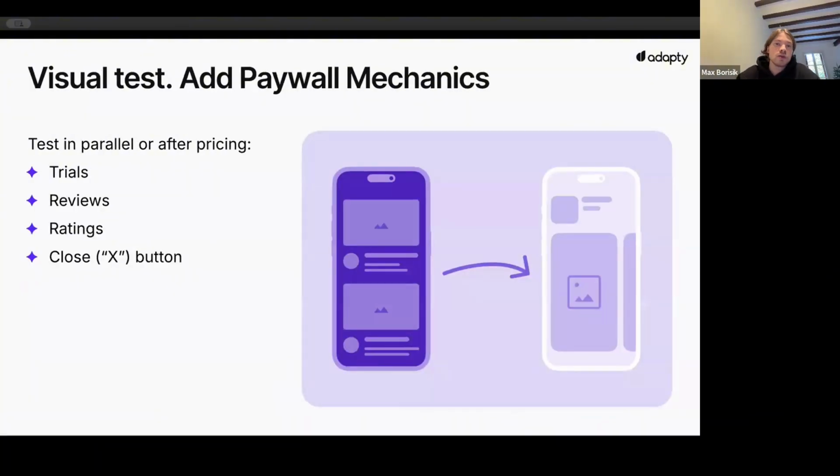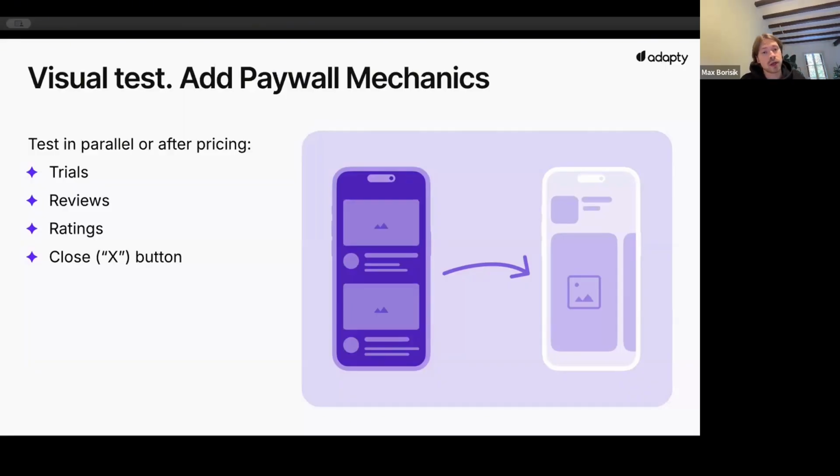And regarding the visuals, there is a bunch of things that you definitely need to try. The ones I already named a couple of times, like the trial toggle or the close button. But also the reviews option is something that works very well for some apps. You can add some social proof and say, okay, we have users who already approved the app and they're saying that it's working well, and the reviews are personalized.